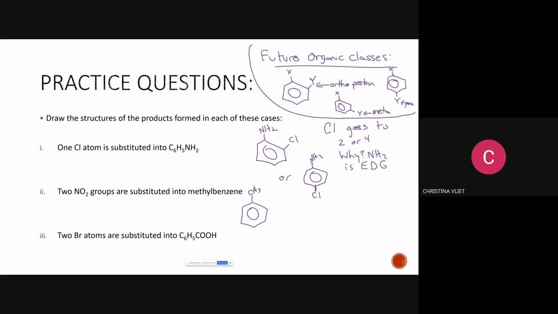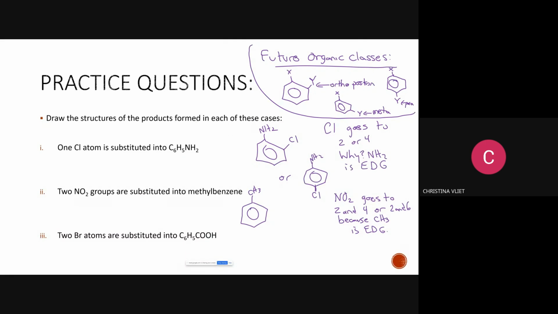Yeah. So the NO2 groups go to 2 and 4, or 2 and 6, right? Because you're putting two in, so different combinations. Because CH3 is an electron donating group.